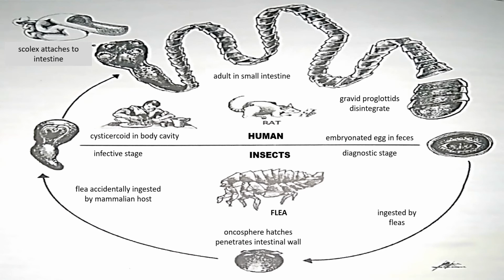And the flea will be accidentally ingested. In fleas, it will develop into cysticercoid, and humans might get infected by accidentally ingesting the fleas infected with cysticercoid.